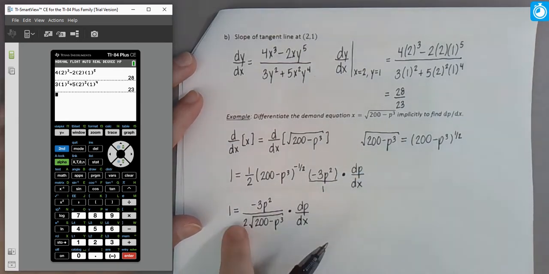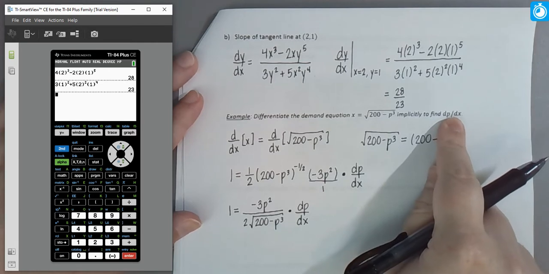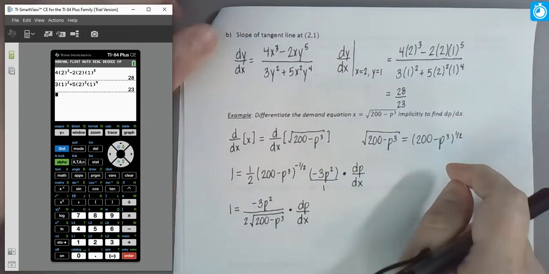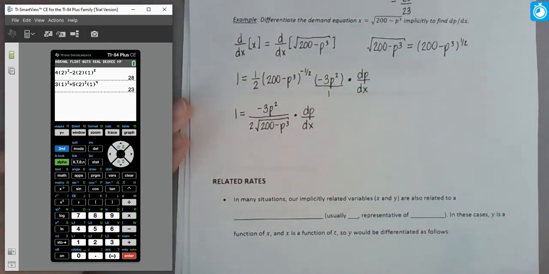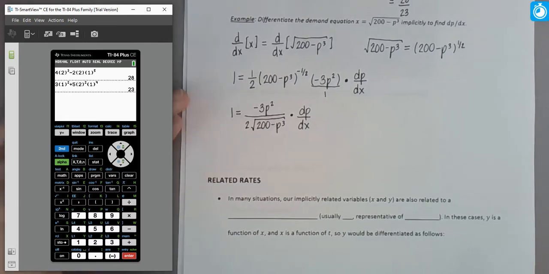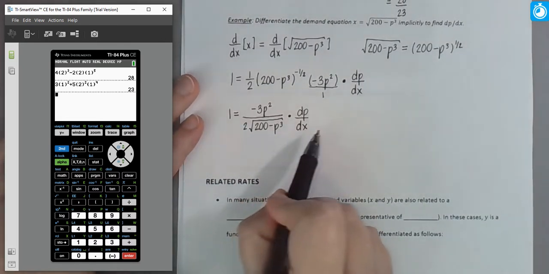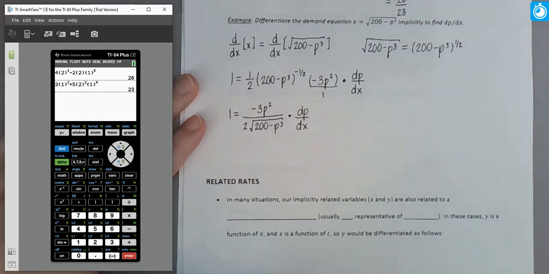And so if I divide by all of this, then I'll isolate my derivative and I'll find dp dx, which is the goal of this problem. Now, what does that actually look like in this case? Okay, we can truly think of dividing by this fraction, but another way to think of division by a fraction is multiplication by the fraction's reciprocal.